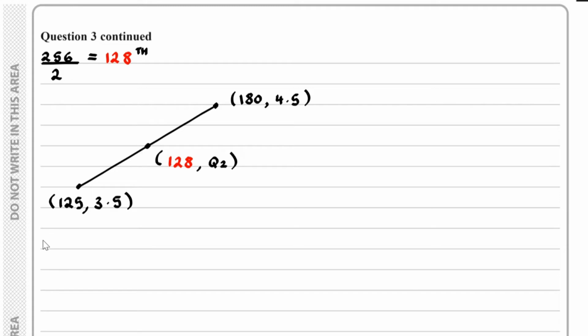And therefore, we have (Q2 subtract 3.5) divided by (128 subtract 125).